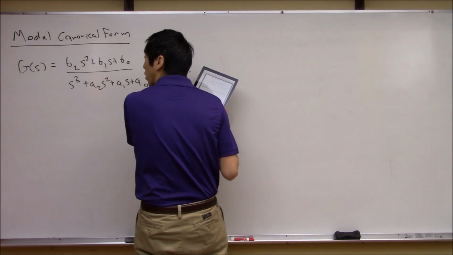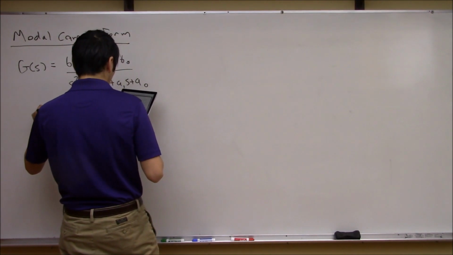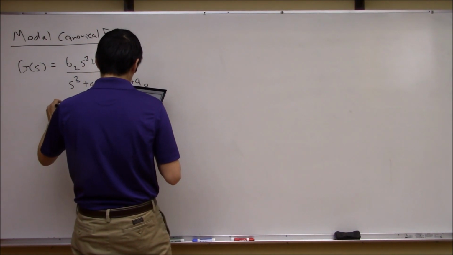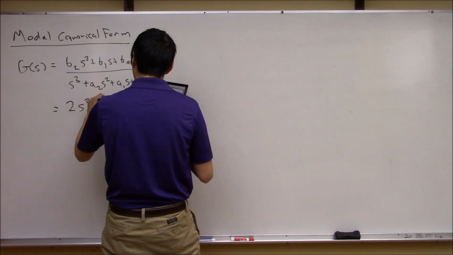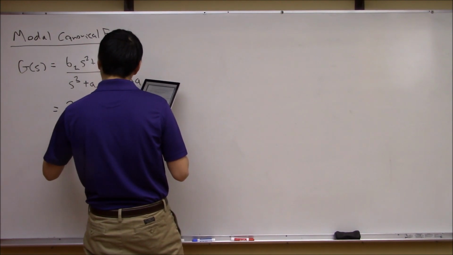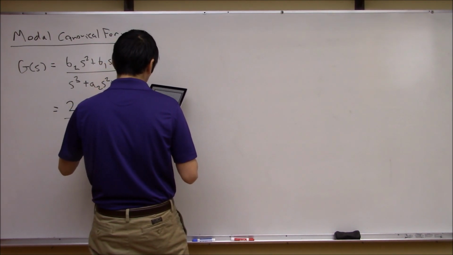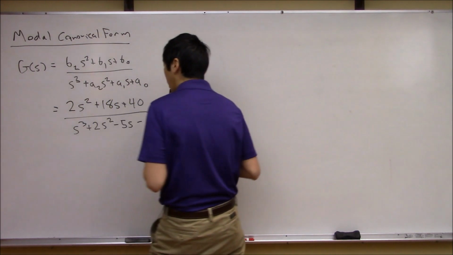So again, this is our general form, and now let's just pick some numbers for these a's and b's that's going to make our life a little bit easier and illustrate what we're looking at here. So let's call this 2s squared plus 18s plus 40, all over s cubed plus 2s squared minus 5s minus 6, okay?